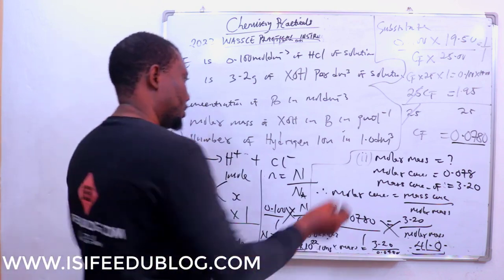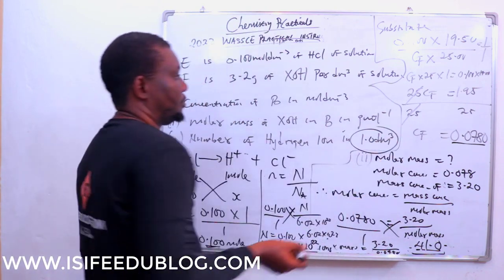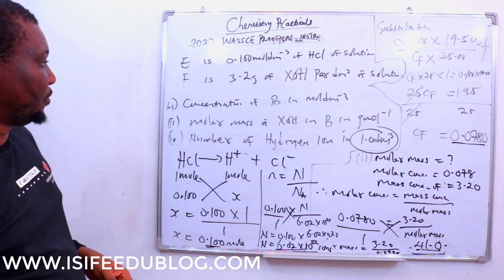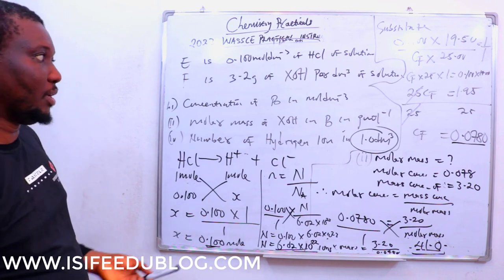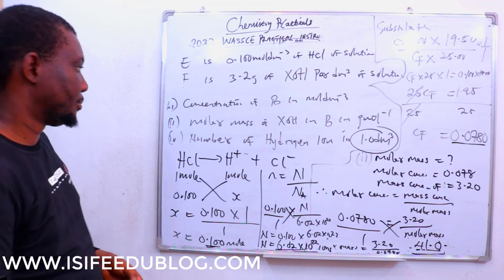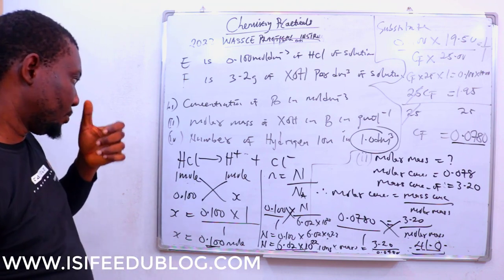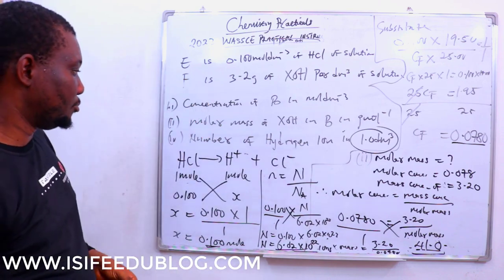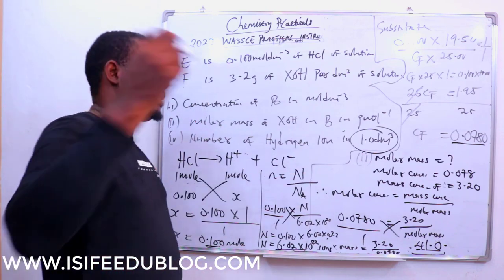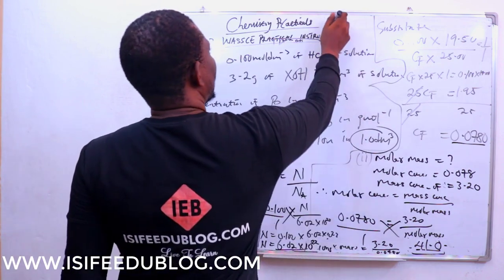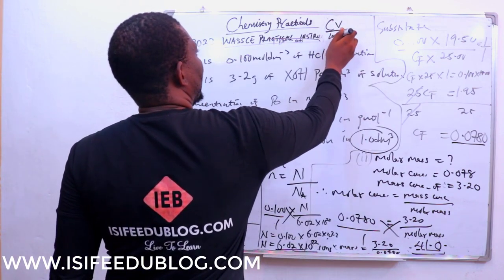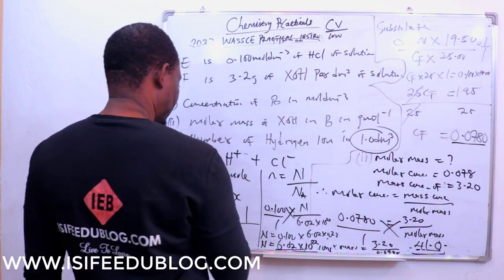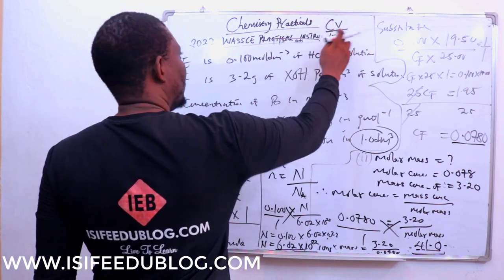Please always take note, this volume can change. You can say in the volume of the titre value, 20 or 19. So you have to be very careful about which volume they want. If they want it in the volume of the acid, that means you take it over 1000, so just change it. So what you have here will not be this; you now have this times the volume over 1000.